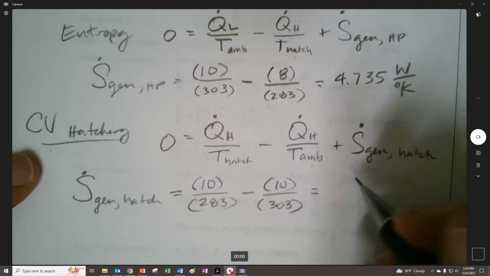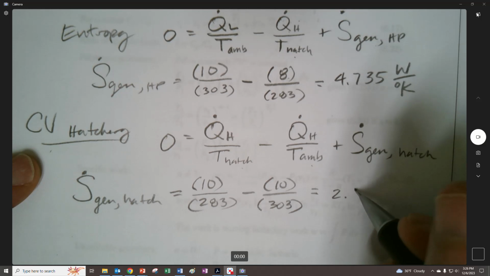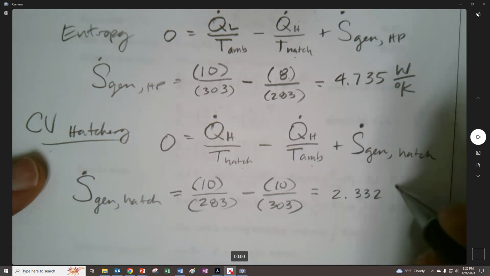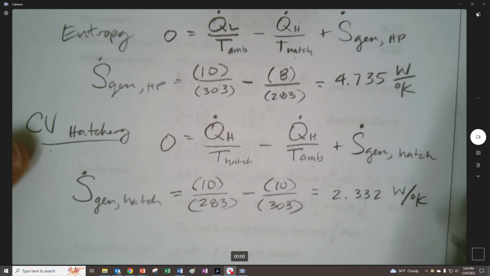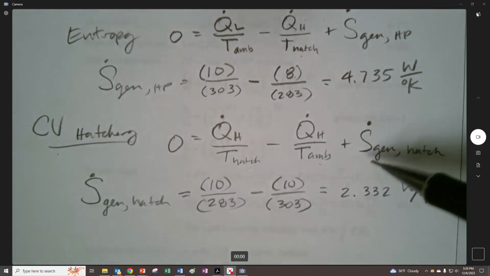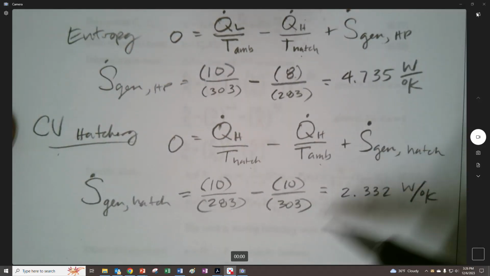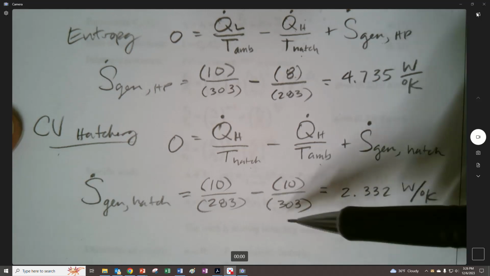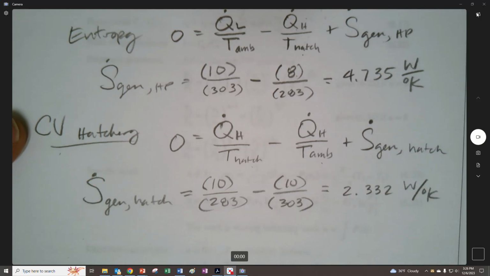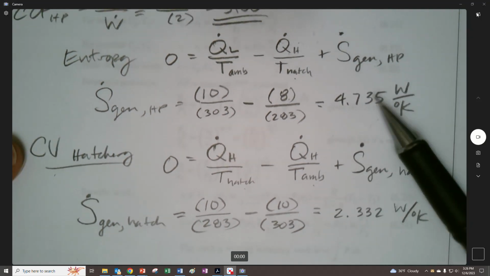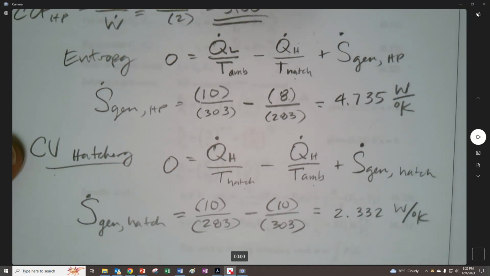And you're going to end up with 2.332 watts per degree Kelvin. So this is what happens to the hatchery because it's escaping out of the roof in this process where entropy has been generated. You can see more is being generated because of the heat pump than because of the leaky roof. And that's it.